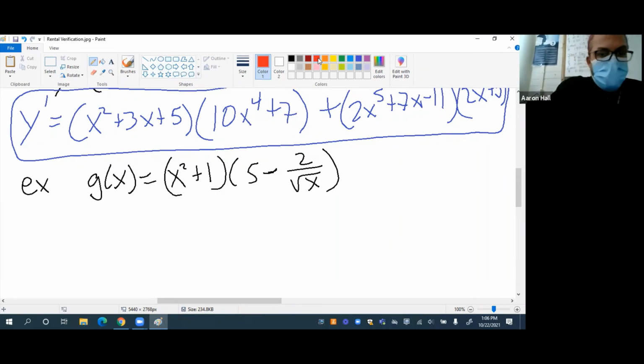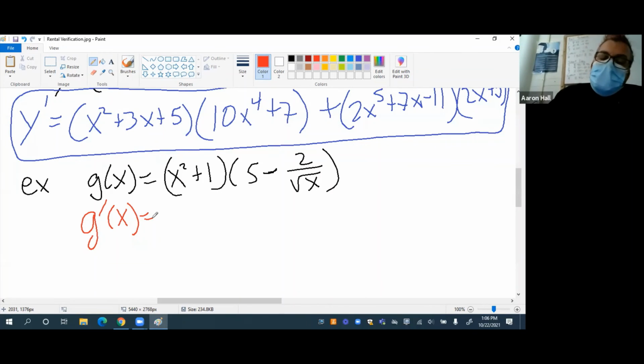All right, so my derivative is what? What do I do first? First you get x squared plus 1 in parentheses, times the derivative of the second part.